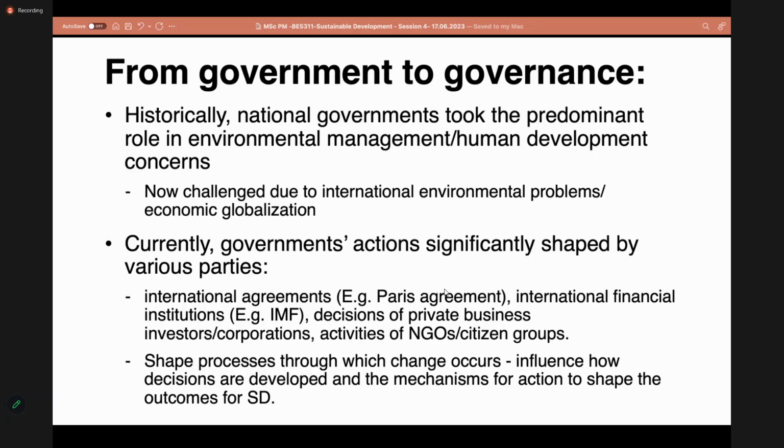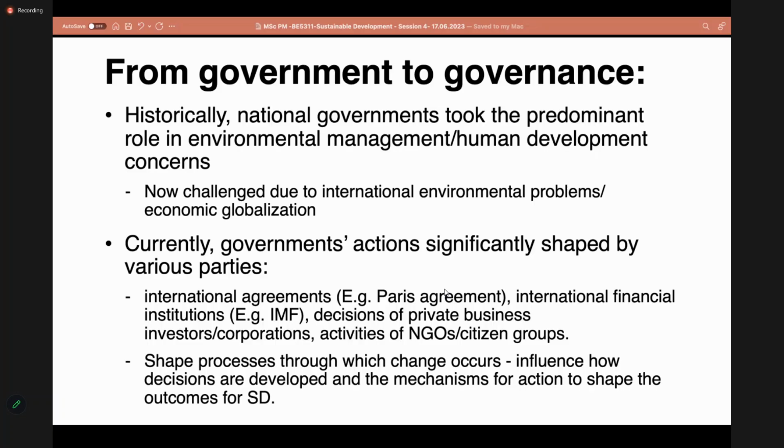Today, many of the actions that individual governments take are significantly shaped by various parties. There are lots of different international agreements, on climate change, on greenhouse gas emissions, waste management. All those things affect our local level policies as well.